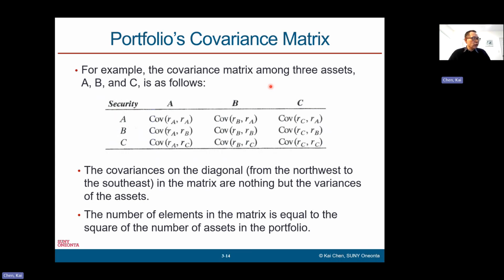Let's look at an example of a covariance matrix. In our portfolio, we have three assets: asset A, B, and C. Then the covariance matrix of this portfolio can be shown as below. We're going to have a matrix.